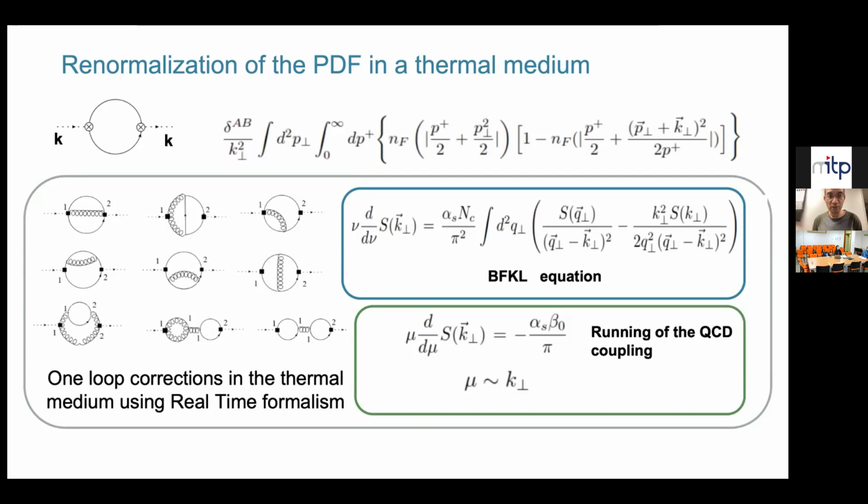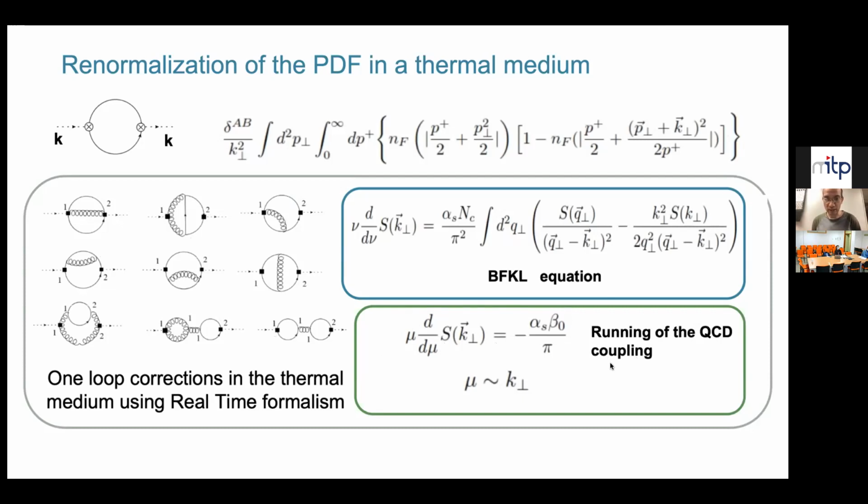If I do compute this object, the soft function at one loop, and look at its anomalous dimension, I have two types of renormalization group equations in this case. One of them is the usual running which you get in all QFTs, which uses dimensional regularization and gives you a running of this function, which is just the running of the QCD coupling.